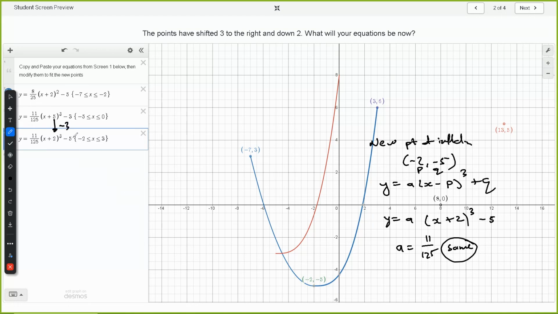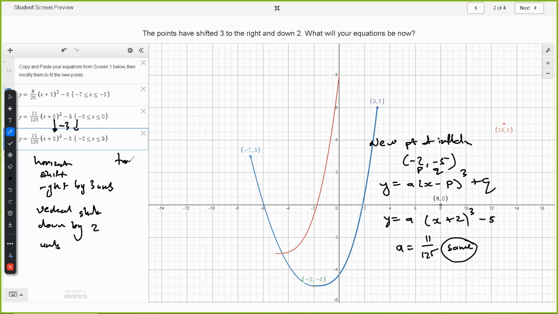Even though we're at -3, there's a horizontal shift right by 3 units, and a vertical shift down by 2 units. And that would be the translations. We can mention that as well. These are translations that we want to have from here.